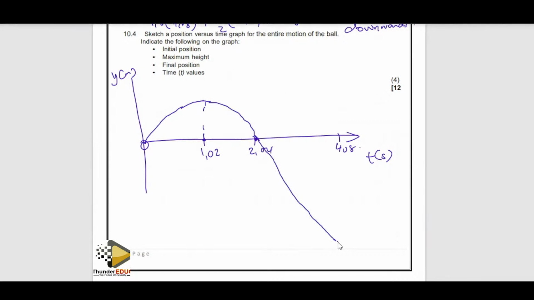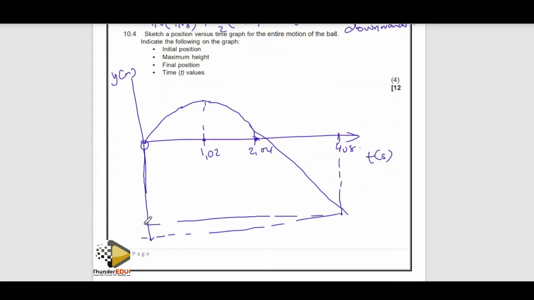So guys, I'm horrible at drawing. Something like that. So this position here, this displacement is what we just calculated in the previous question at a time of 4.08.